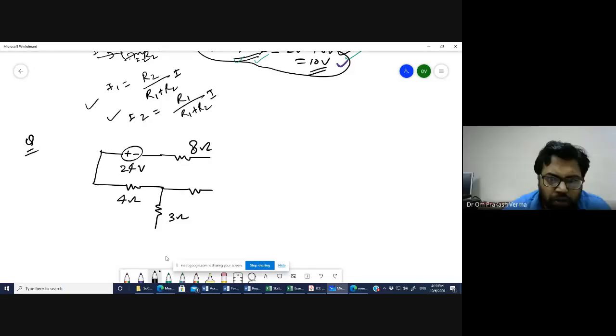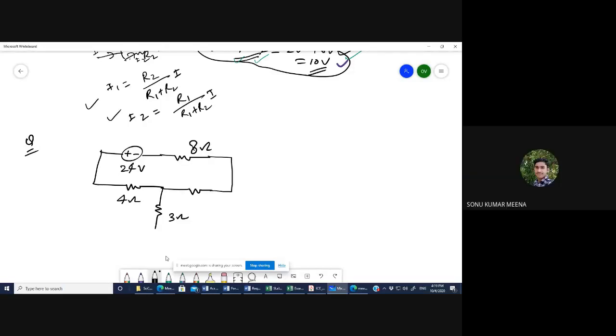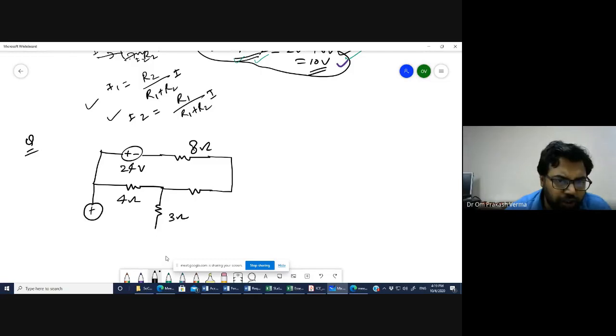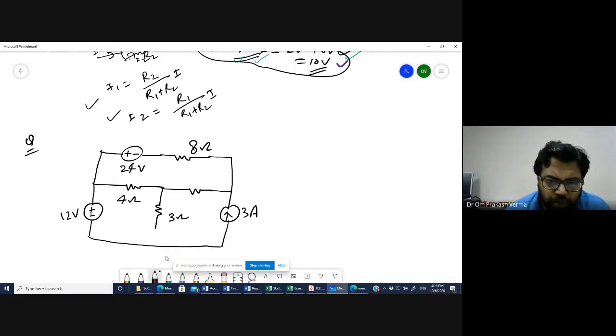Okay. So this one is the circuit, right? Plus 12 volt, and this is the 3 ampere current here, right? The 4 ohm resistance is this one. You have to calculate the I with the help of superposition theorem.